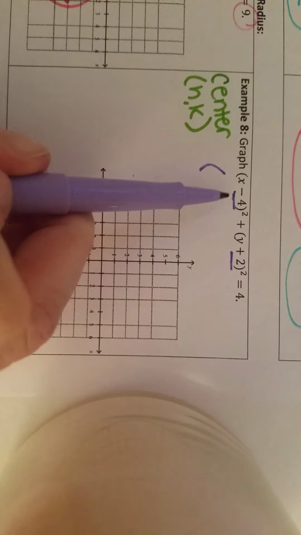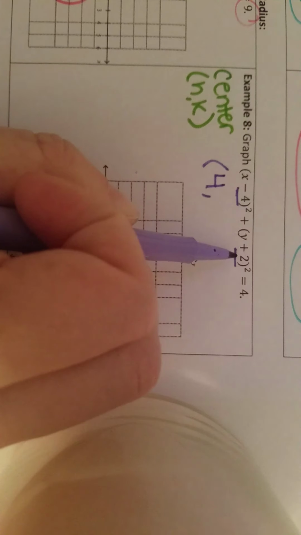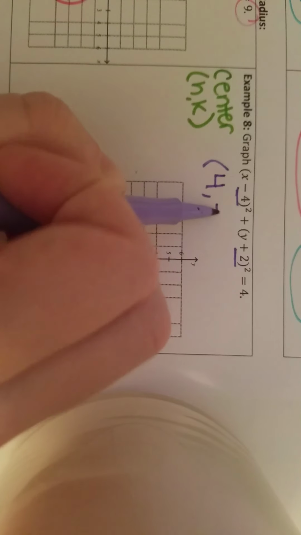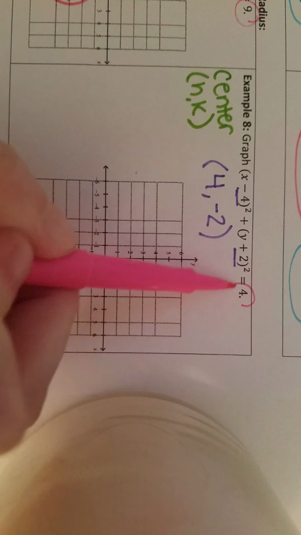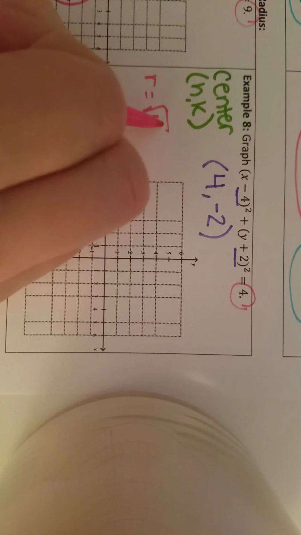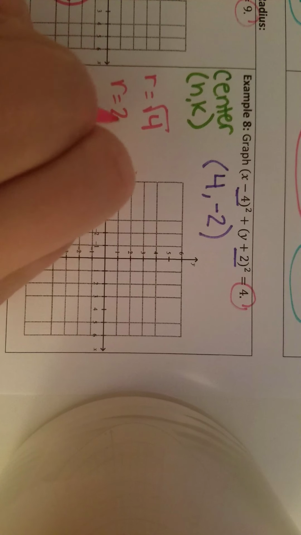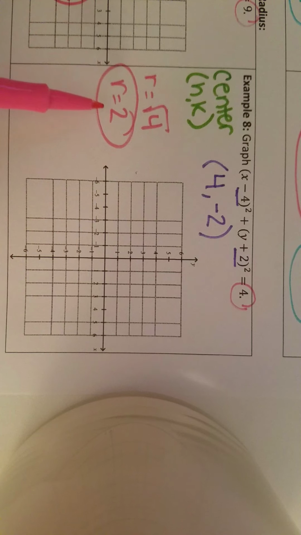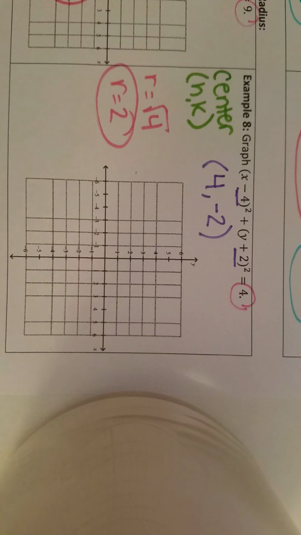So the opposite of -4 is going to be +4, and the opposite of +2 is going to be -2. And now we're going to find the radius. So we have to square root that number, and the square root of 4 is 2. So our radius is 2, and our center is going to be 4, -2.